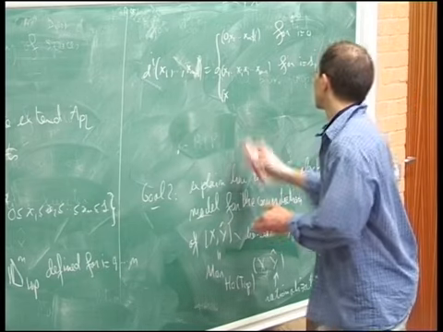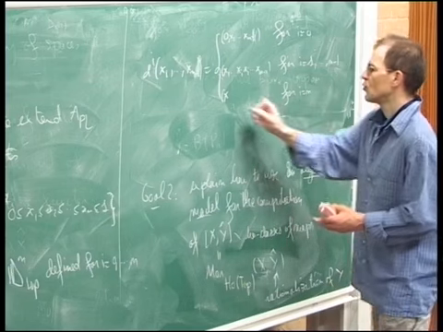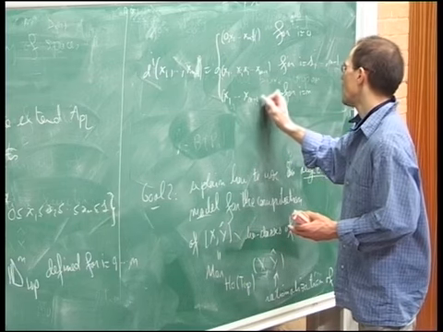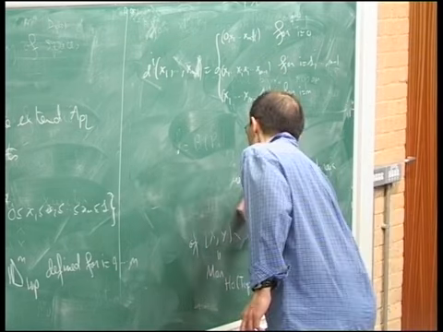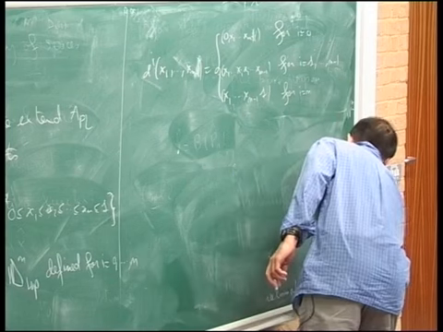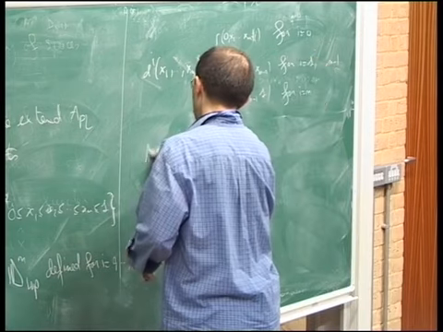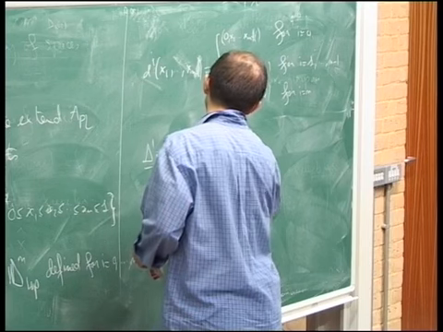And for i equals n, you just take 1 as the last component. So maybe I should draw a picture. So delta 1, this interval.